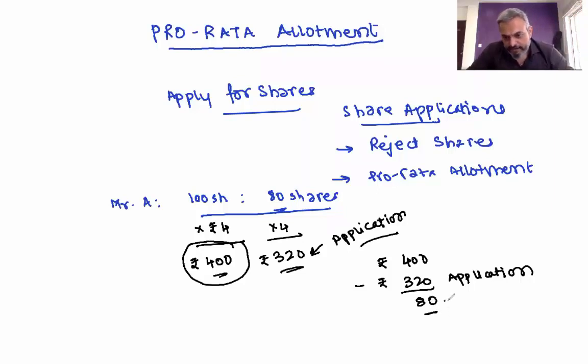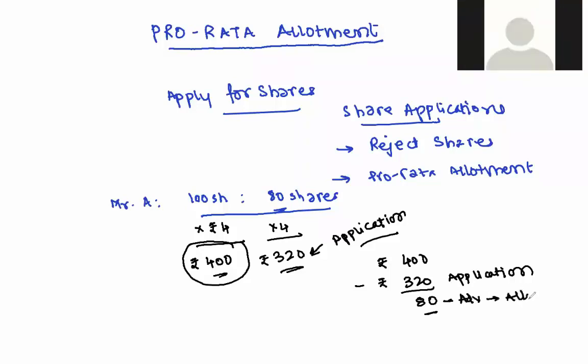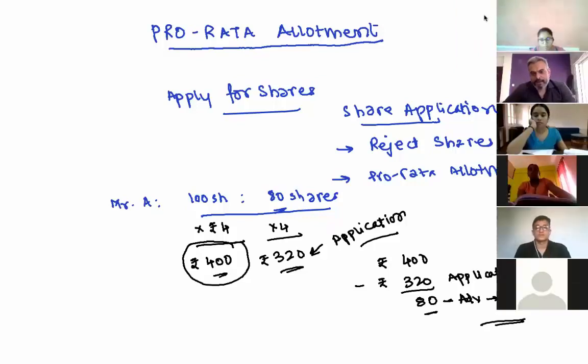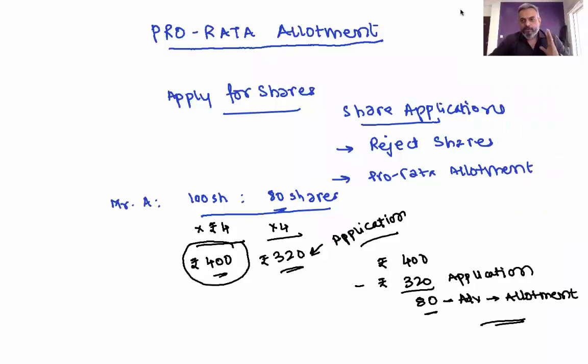So this 80 will be treated as advance received by the company against allotment money. Understood? You applied for 100 shares and paid 400, the company said we will give you 80 shares. You were supposed to pay only 320 rupees, but you have given 400. So this excess 80 rupees is your money lying with the company.